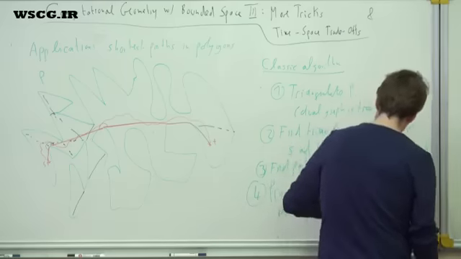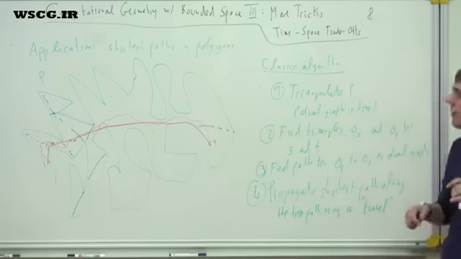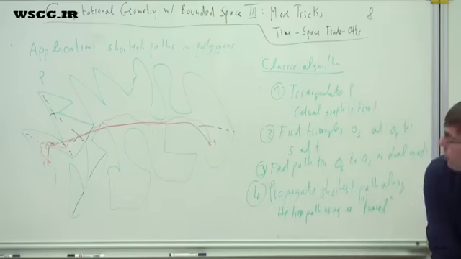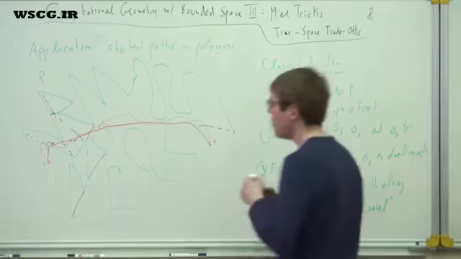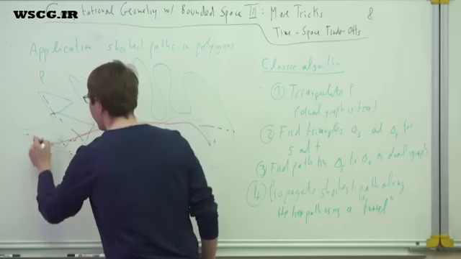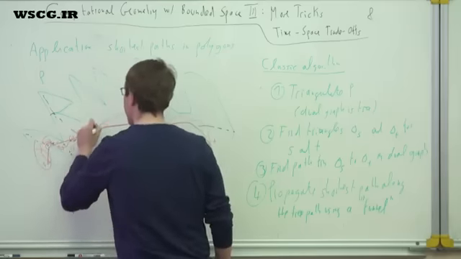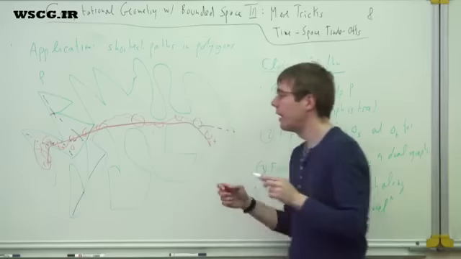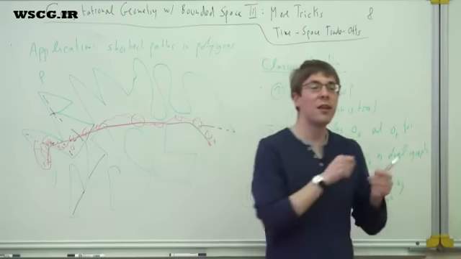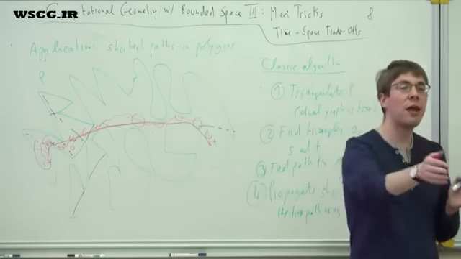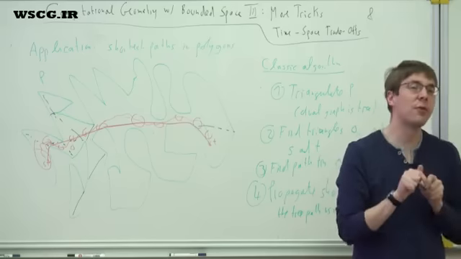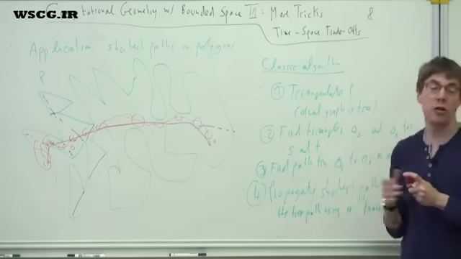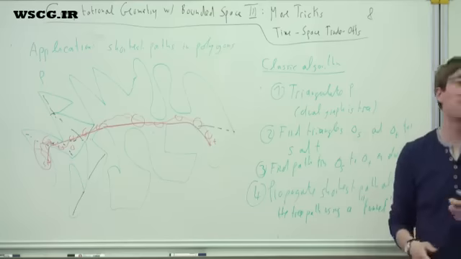So in the last step, I'm not talking about the details here, but what you do is, you have this dual graph, and in this dual graph you find this path of triangles, like this, and then there will be more triangles, from S to T. You find the sequence of triangles, and then you walk along the sequence of triangles from S to T, and you maintain some structure which is called a funnel, and this structure will tell you what the shortest path looks like as you update it.